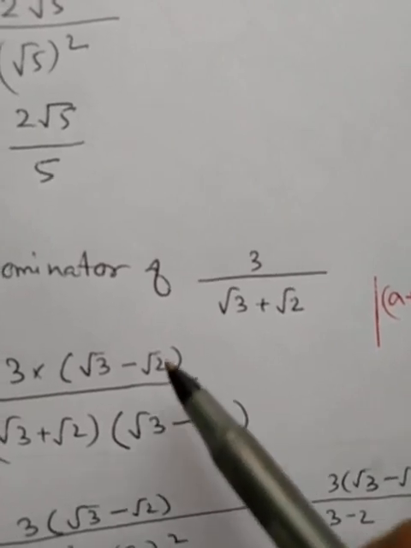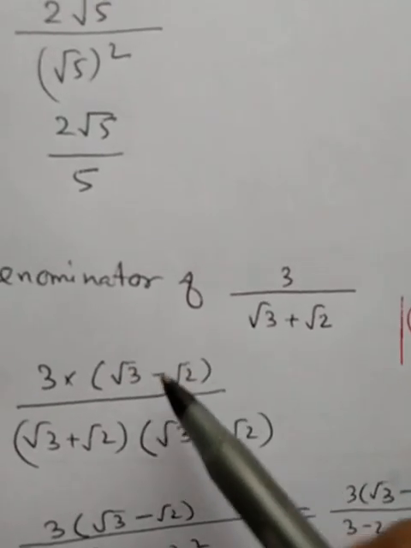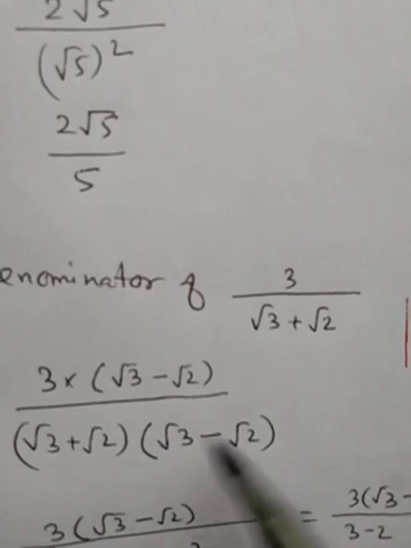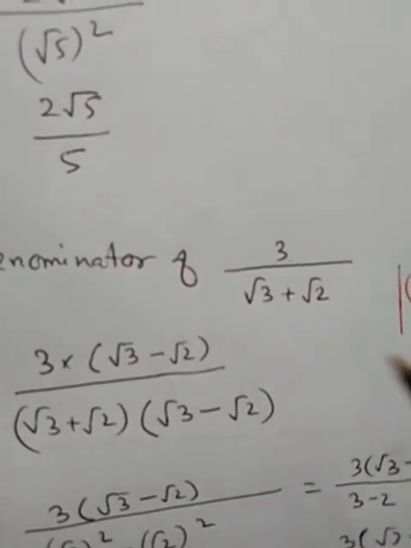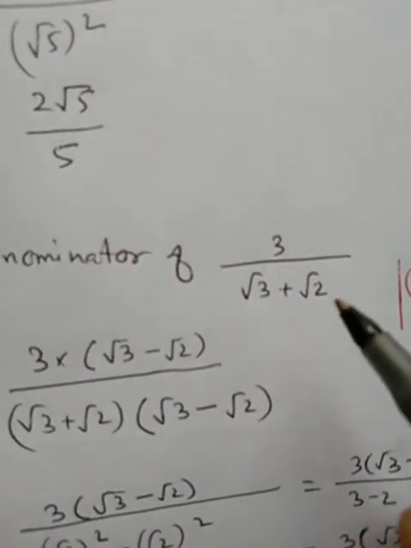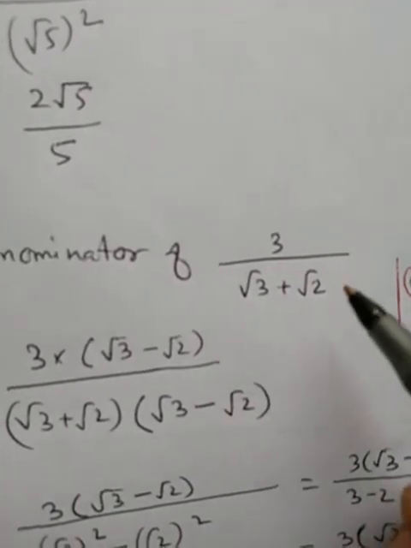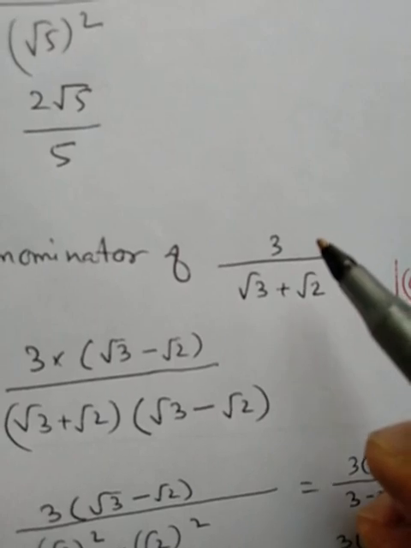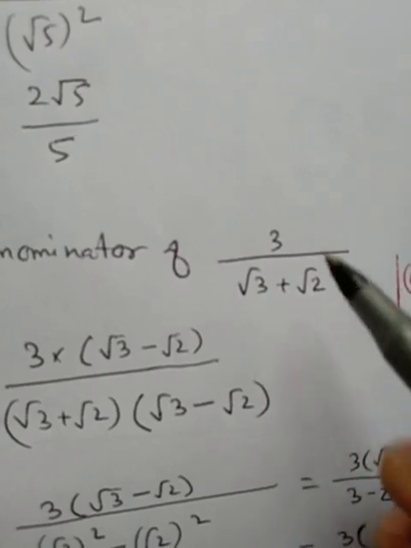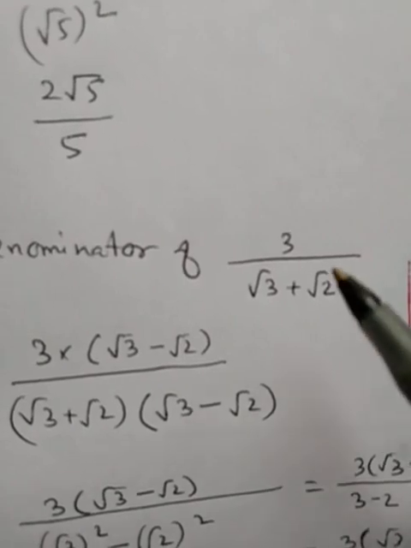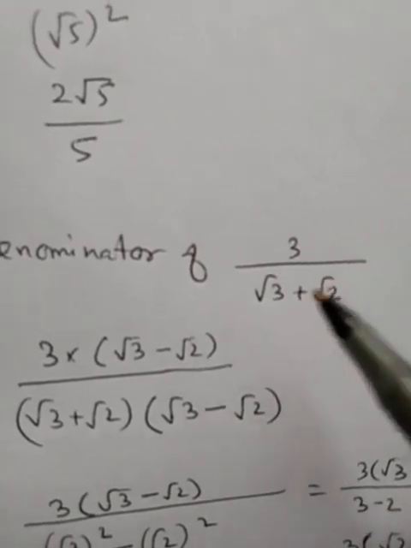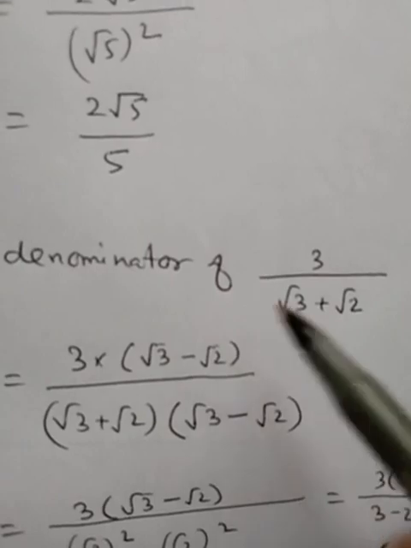And the same thing we will multiply with both numerator and denominator, not only the denominator, because this is a fraction. So whatever we do with the denominator, the same thing must be done with the numerator also. It means the multiplication or division. So take this kind of a few more sums from the book and practice.